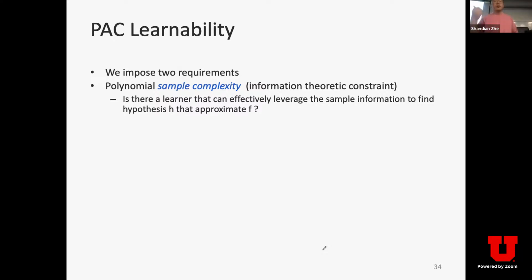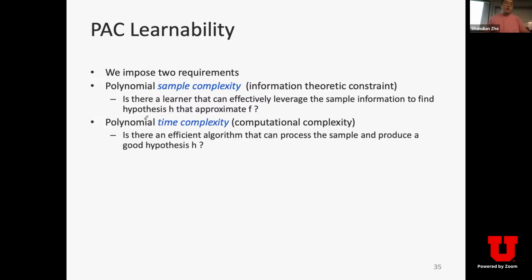That means our learner can effectively leverage the sample information to find the hypothesis, right? You don't need an explosion of the number of training examples to find a good approximation. You just need a mild growth of training examples to find a better hypothesis, right? And also polynomial time complexity. This is regarding the computational complexity, right? So your algorithm, the search procedure itself, should be computationally efficient, right?